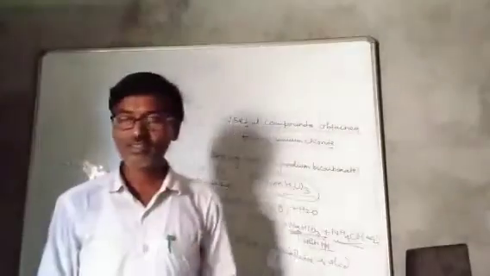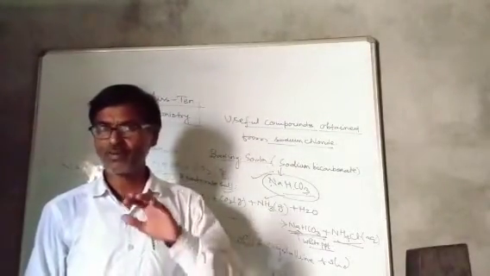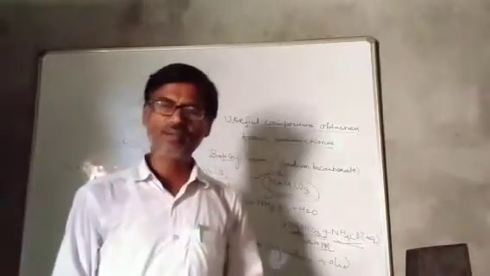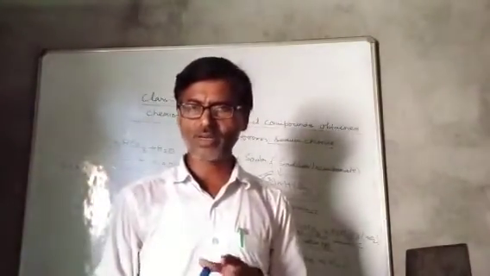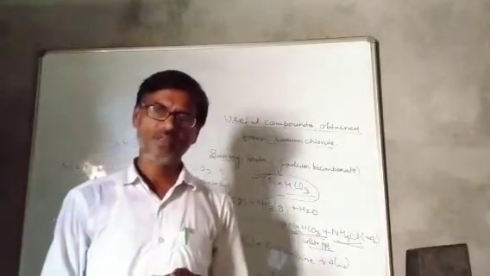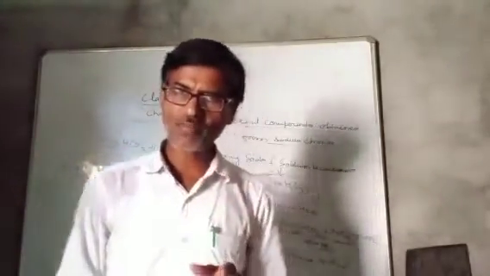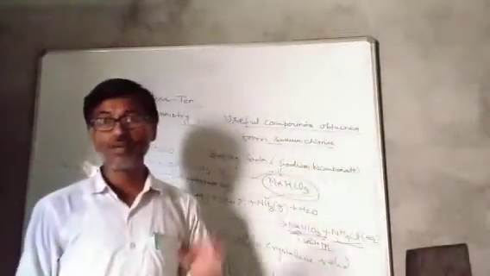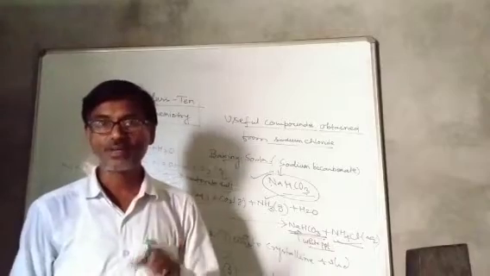If tartaric acid is not used in baking powder, then what happens? The sodium hydrogen carbonate will react with water to form sodium carbonate. The base sodium carbonate will make the bread bitter.